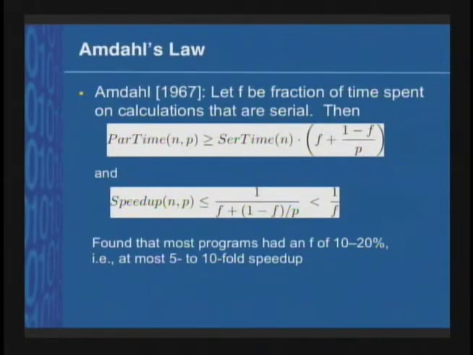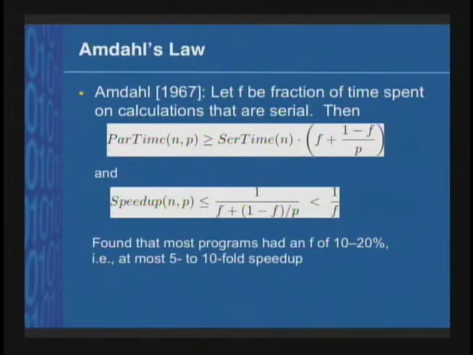And then there'll be some other part, and I say, okay, I can parallelize that. Well, suppose you did that perfectly. Suppose you said, all right, that part I can't parallelize, that fraction f, and then all the rest, the 1 minus f, suppose I put P processors on it and I parallelize it perfectly.